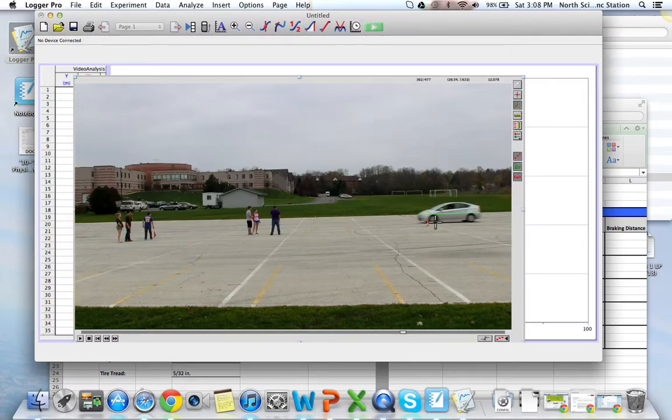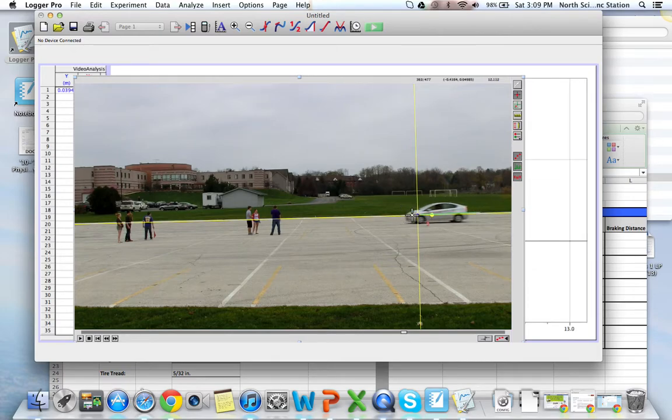And then I set my origin right at the front of the car, and I changed the alignment so that it would be directly in line with where the vehicle is going. This is going to be the first phase, when I'm driving. In theory, I'm driving at a constant velocity from here to when Quinn lifted up the flag.